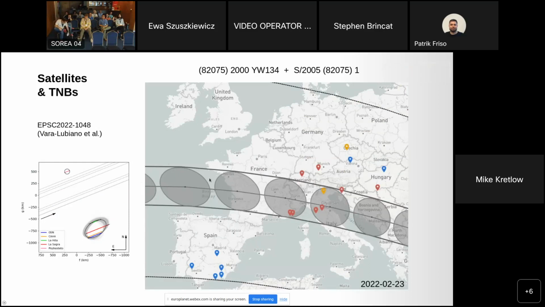This is the nominal prediction of the TNO, where we predicted it to cross this region. That's the reason why you have all these observers who had a negative observation, so they did not detect an occultation. But these observers had a positive occultation, so at the same time we could observe the main body and a small satellite of this system, 2000 YW134.